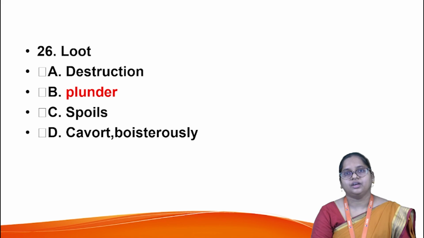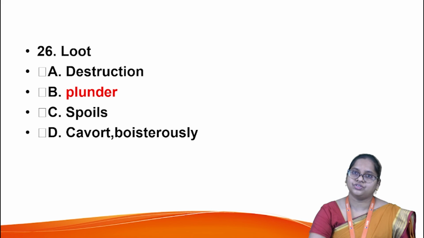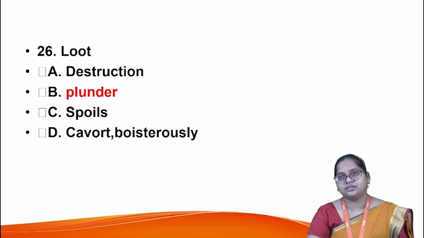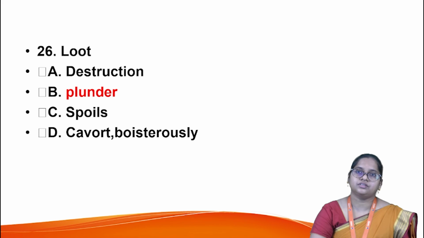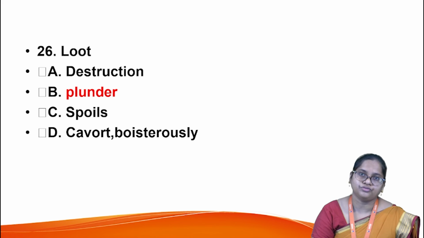He's been looted. Option A, destruction. Option B, plunder. Option C, spoils. Option D, coward. Looting someone means taking away, plundering. You infiltrate into somebody's origin and you loot everything from that.